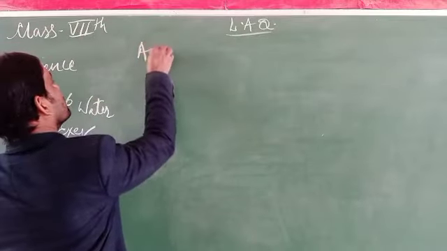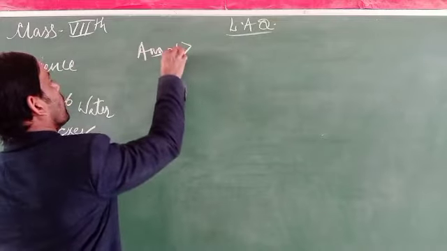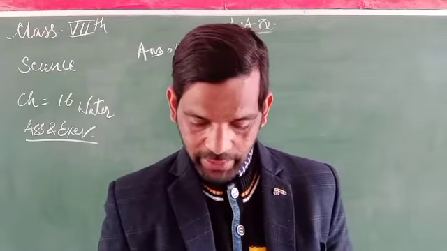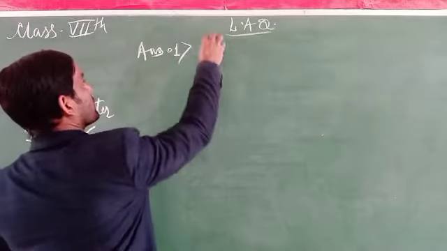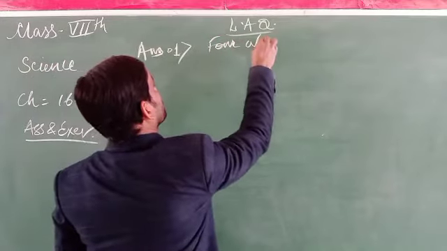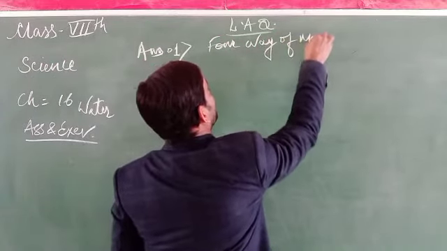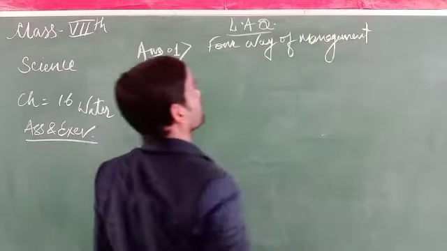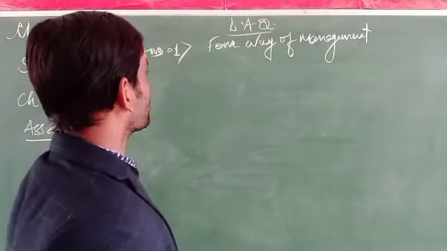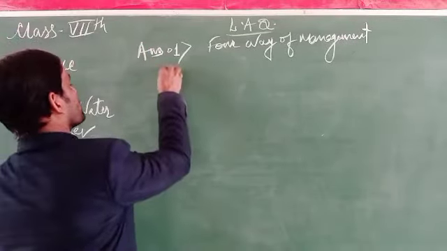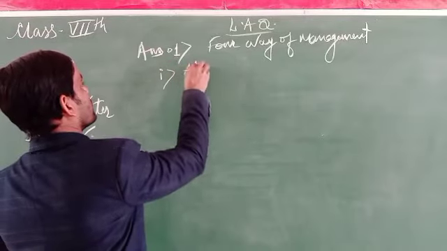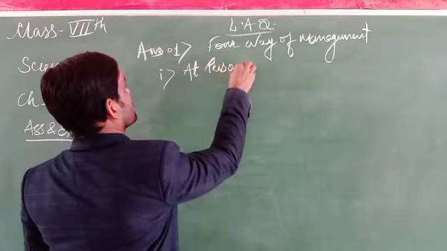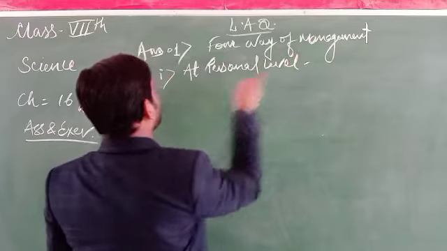Answer number 1, the long one: write the 4 ways of management of water. First is at the personal level. What we have to do?